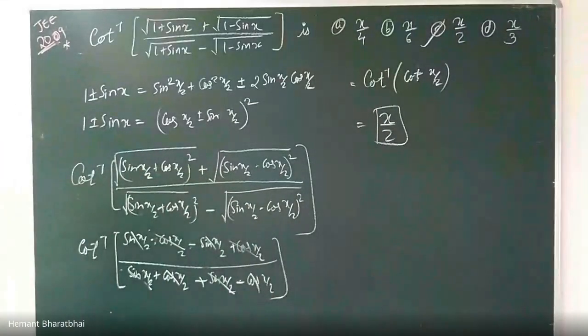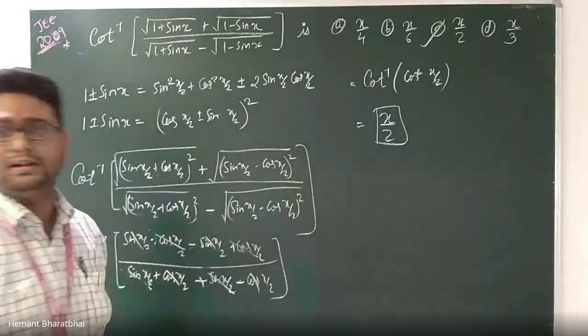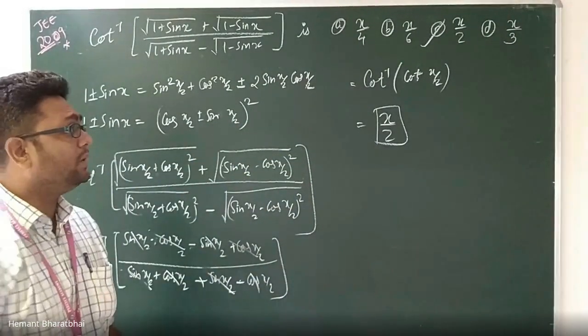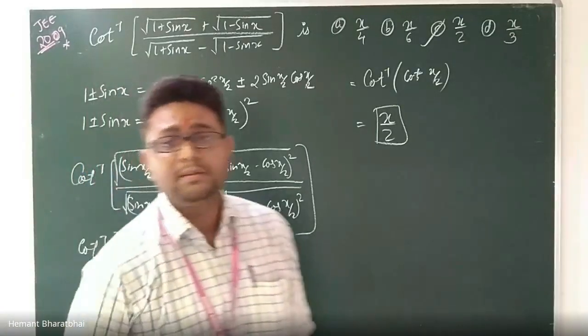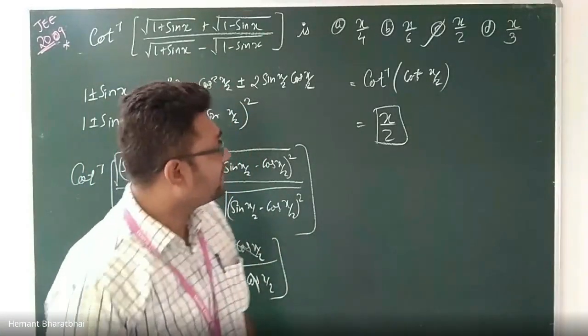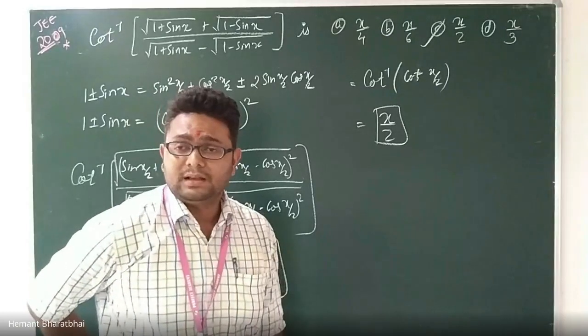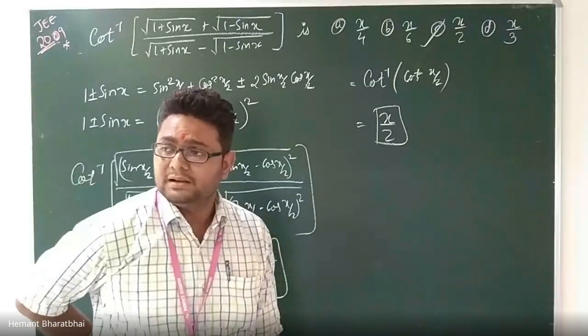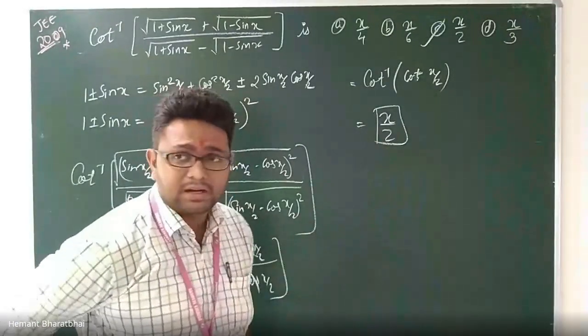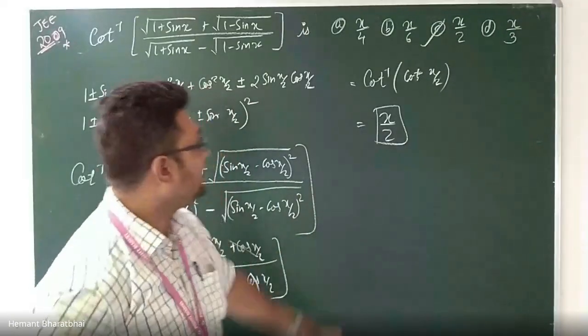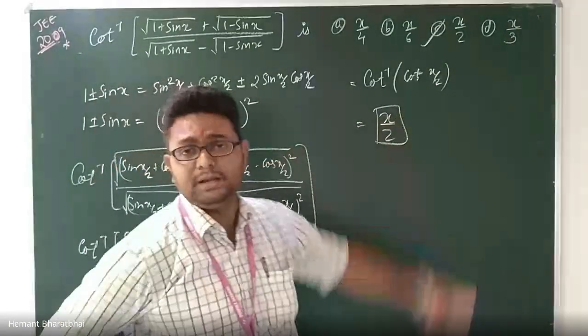So cot and cot inverse will get cancelled and I'll get x by 2. At first, it will not click directly. If I want to convert tan into cot, then cot is 1 upon tan, so I could have written tan as 1 upon cot, but then I wouldn't have been able to cancel directly.